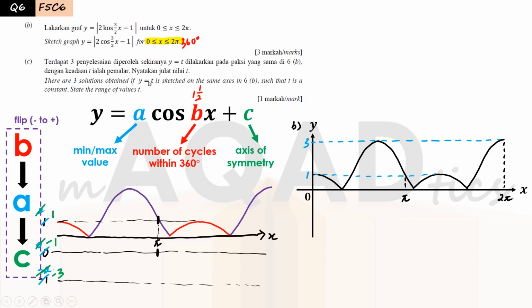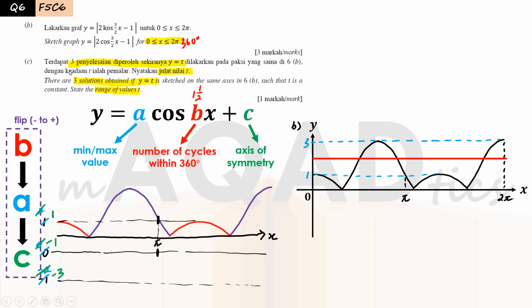And for the last part, we need to find the 3 solutions obtained if y equals t is drawn onto the same graph, and we need to find the range of values of t. So what does this mean? y equals t is actually just a horizontal line, because t is just a value. So y equals a value would be a horizontal line, which is something like this.